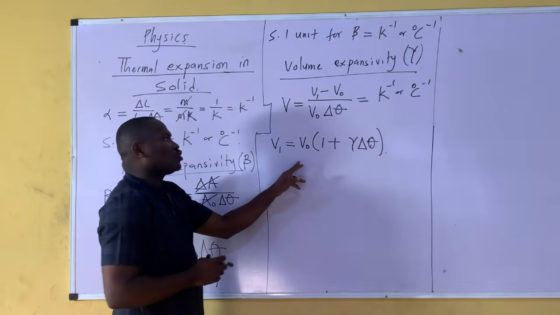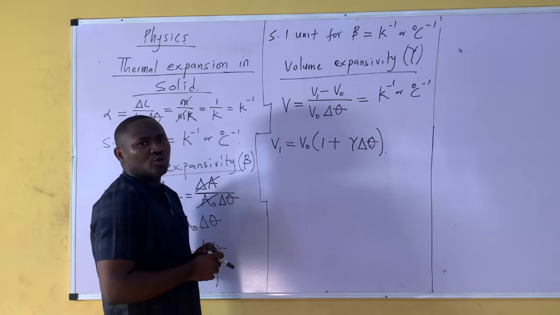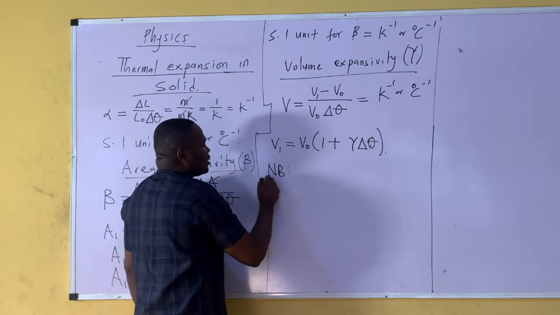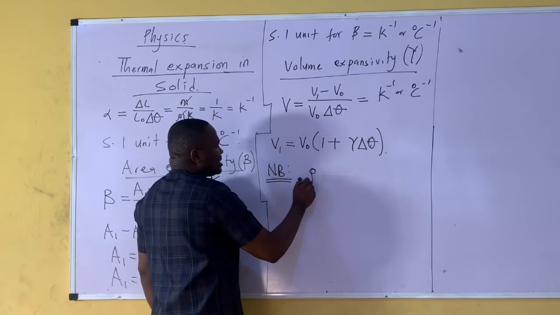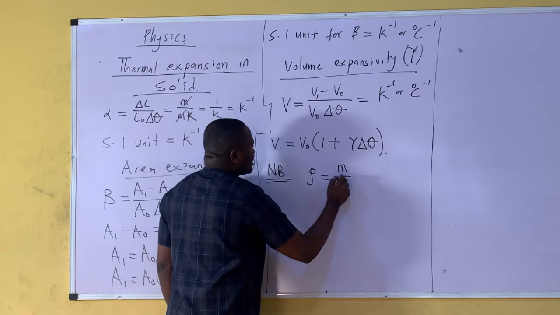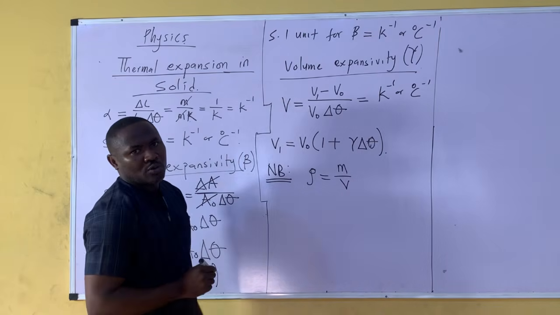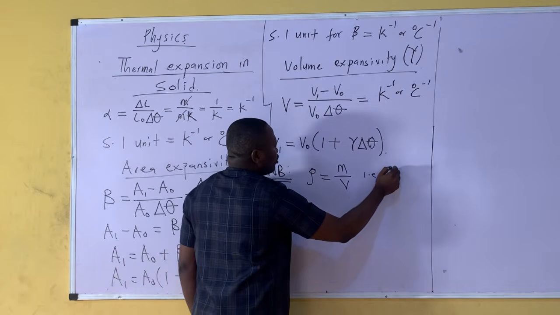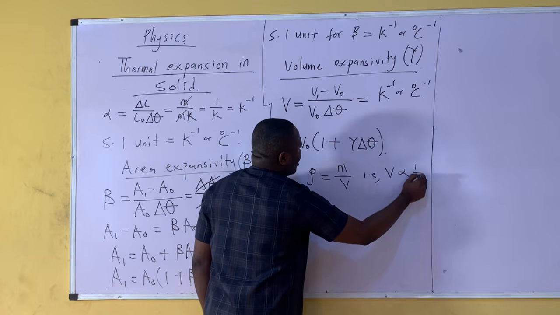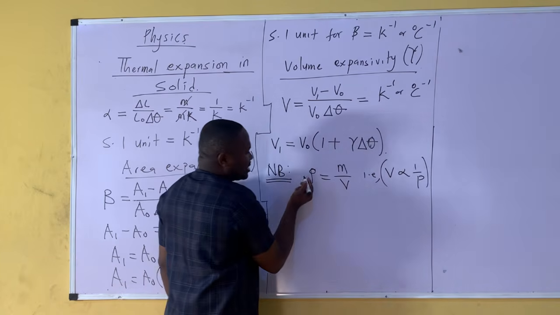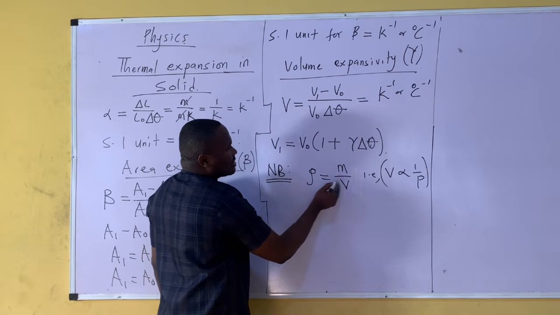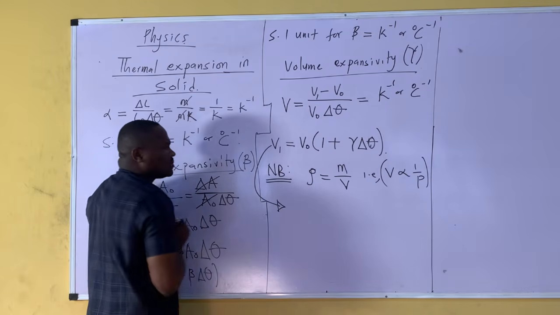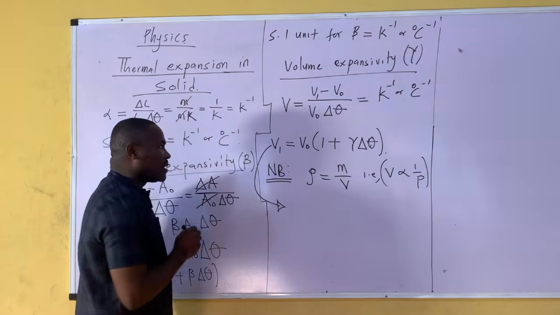Now, there is something I want you to note here, very important: density is equal to mass over volume. That is, volume is inversely proportional to density. If you check it here, density and volume are inversely related. So if I want to express this in terms of density, it will not be in this manner.